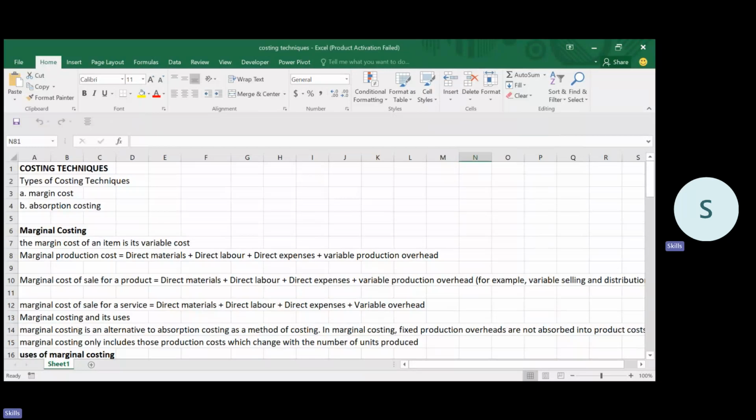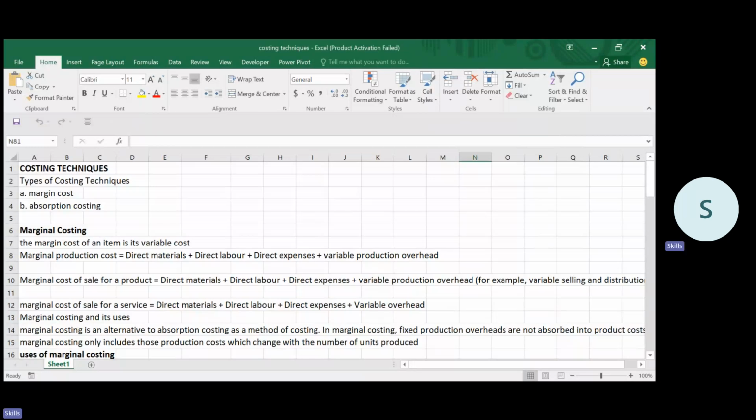Marginal cost of sale for a service: if you are determining the marginal cost for a service, the direct materials plus direct labor plus direct expenses, plus the variable overheads, will give you the marginal cost of sales for a service.